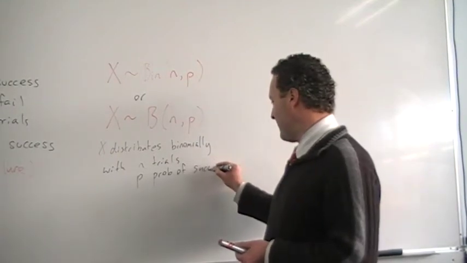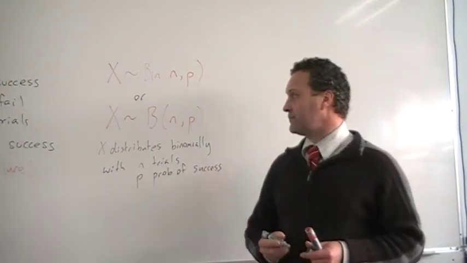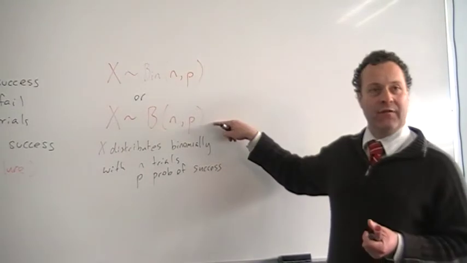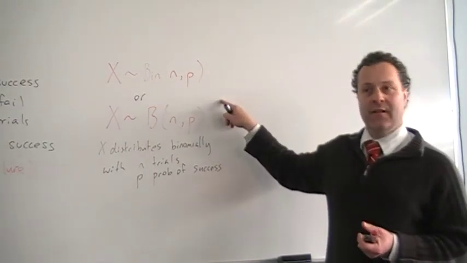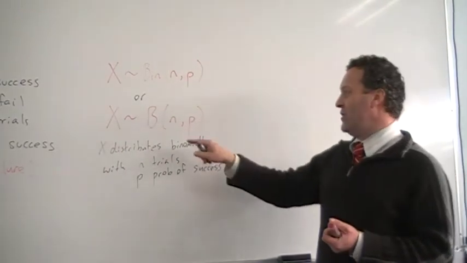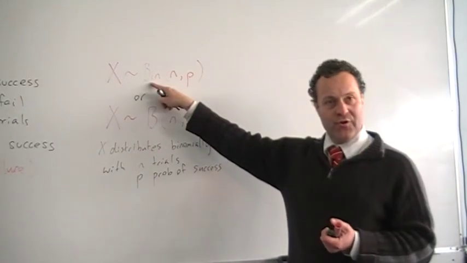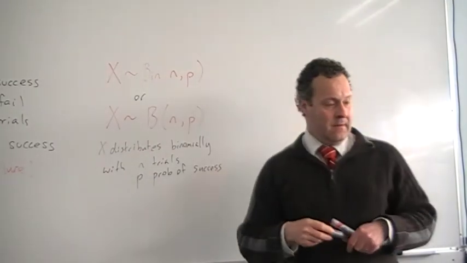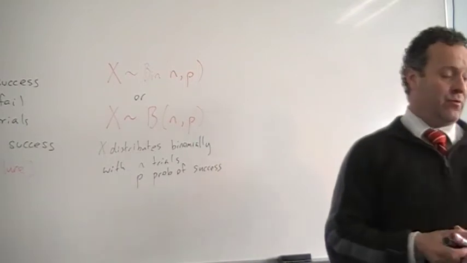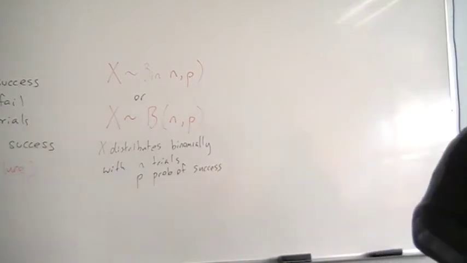Success. That looks kind of confusing, but that's what it's telling you. If you saw this in an exam question, you know you're looking at a binomial distribution, as opposed to a normal distribution, which we'll see later.